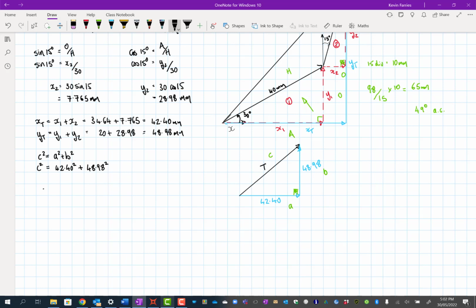Therefore C is going to be the square root of the whole sum, which is not the same as taking the square root of each of them.